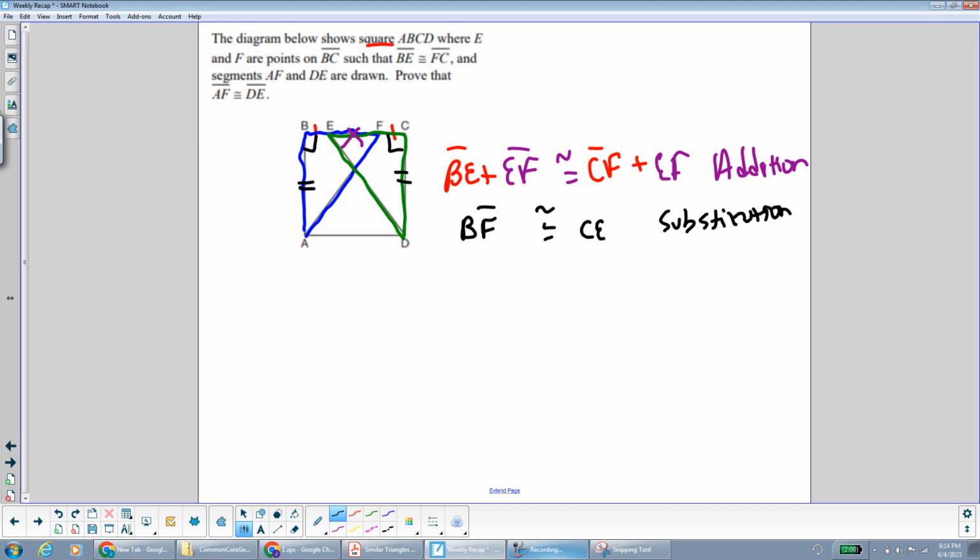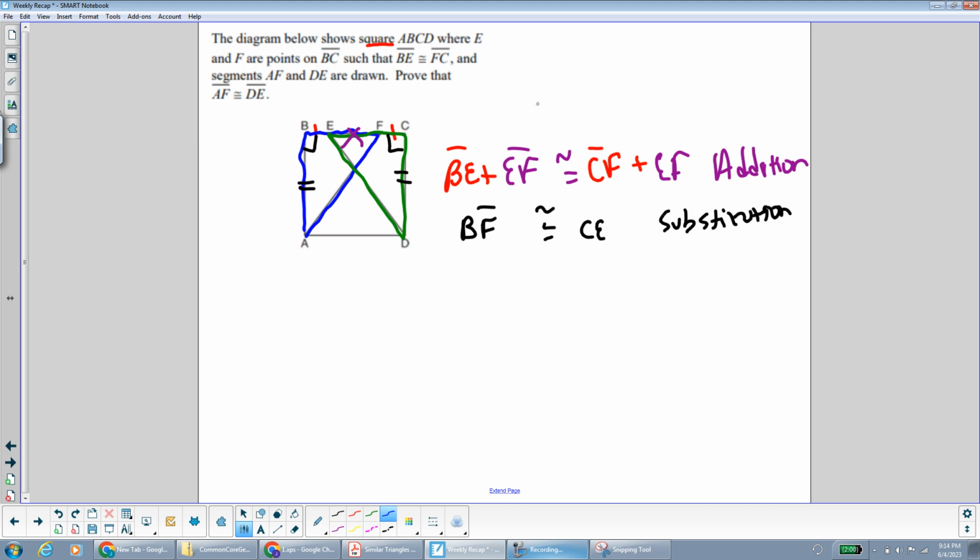If you were writing up the rest of the proof, you would need to put that you have the congruent right angles. You know that you have congruent right angles because all angles of a square are congruent right angles. And you would need to put that these opposite sides are congruent. And the reason I know that is opposite sides of a square are congruent. And I almost forgot.